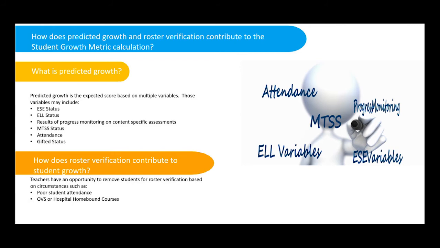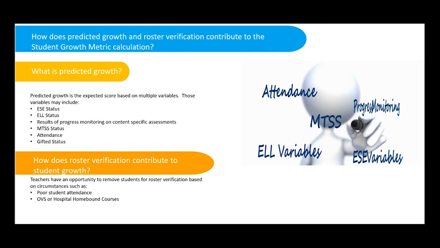Those variables may include ESC status, ELL status, results of progress monitoring on content-specific assessments, MTSS status, attendance, and gifted status.